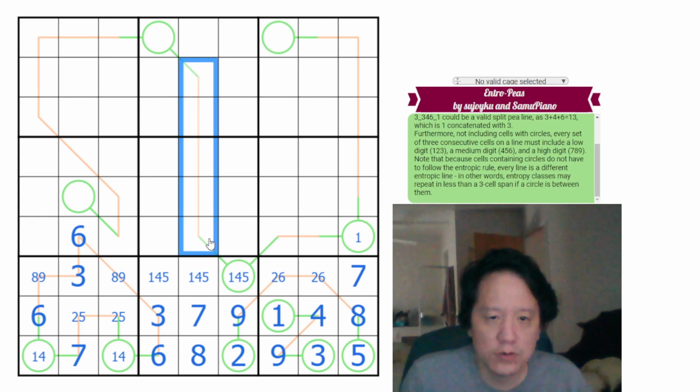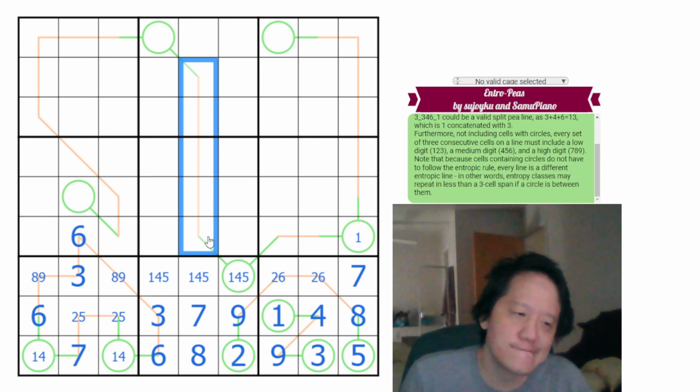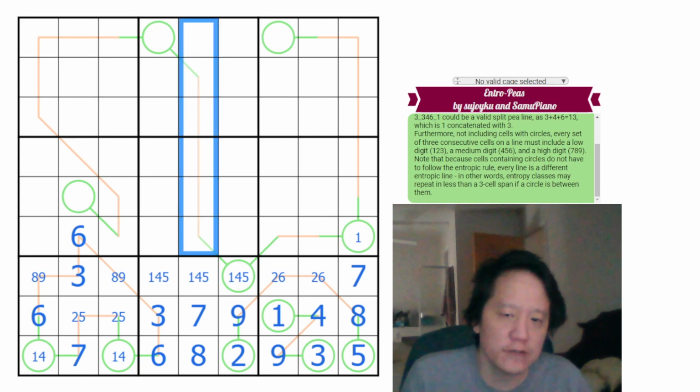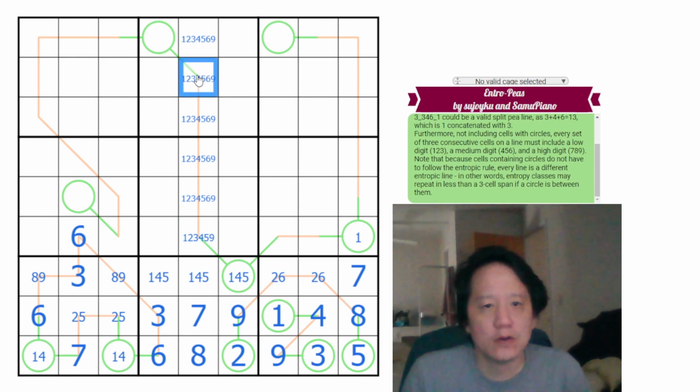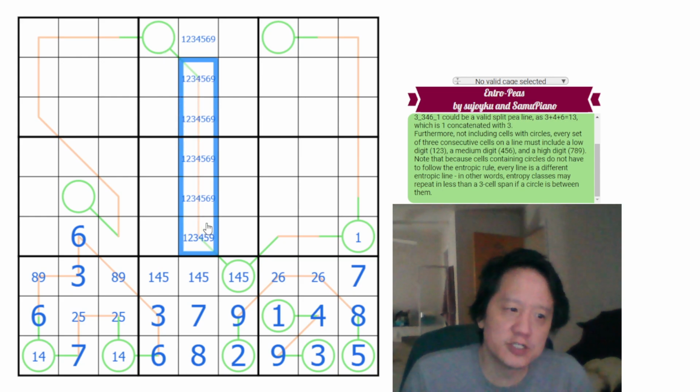So this is 1, 2, 3, 4, 5, 6, 9. This is specifically 5 different digits on this line.